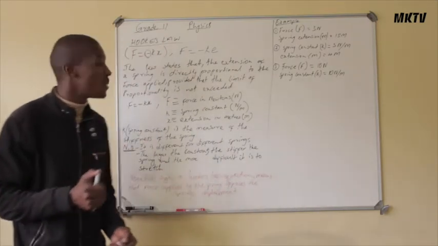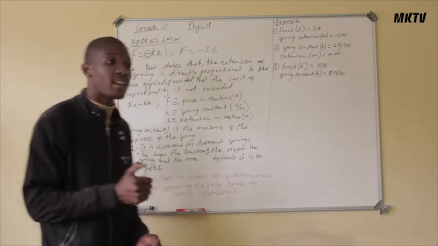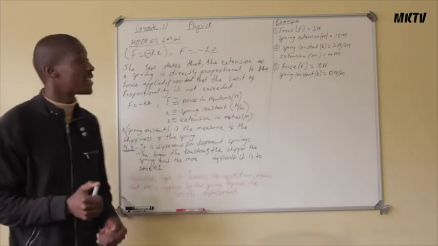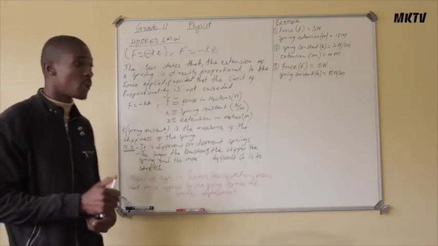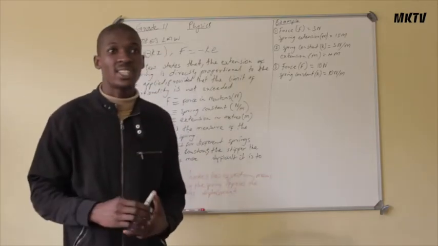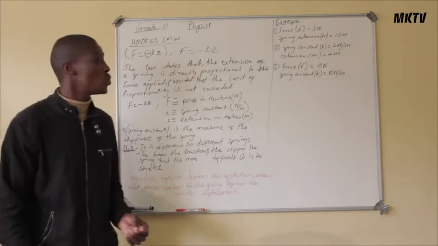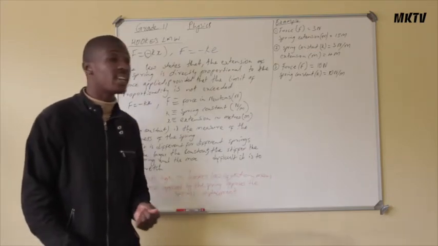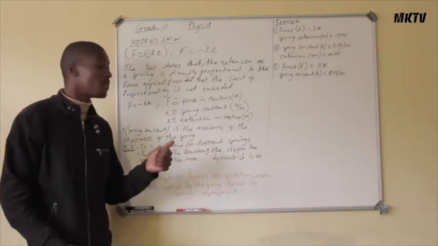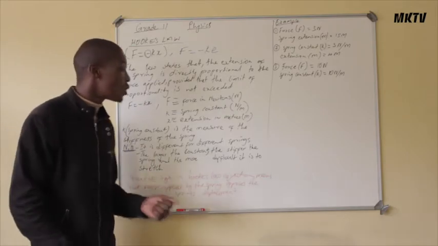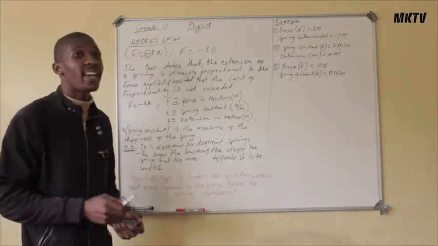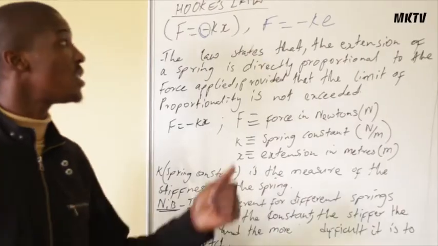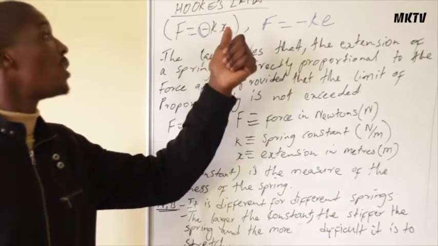If you can remember well, force is classified under the vector quantities, which are those quantities that have magnitude and direction. So does force. Therefore, to note the direction in physics, we use the negative sign or the positive sign.